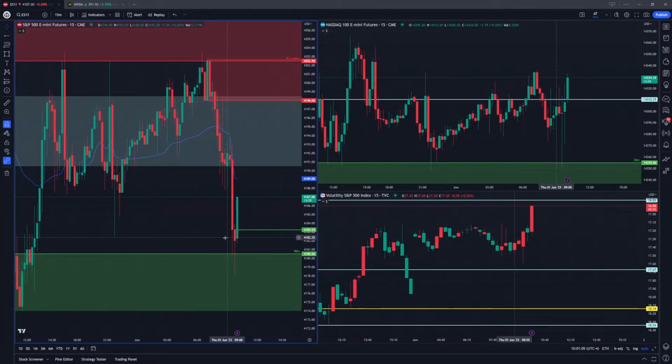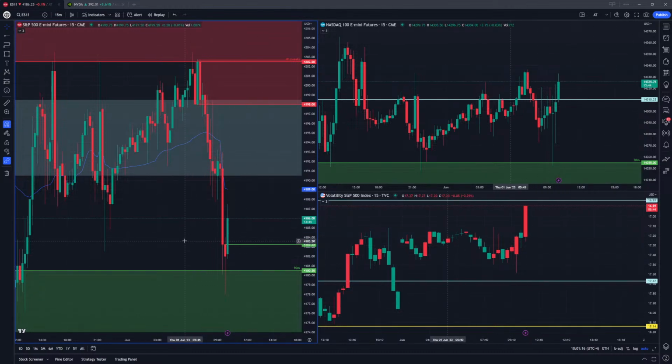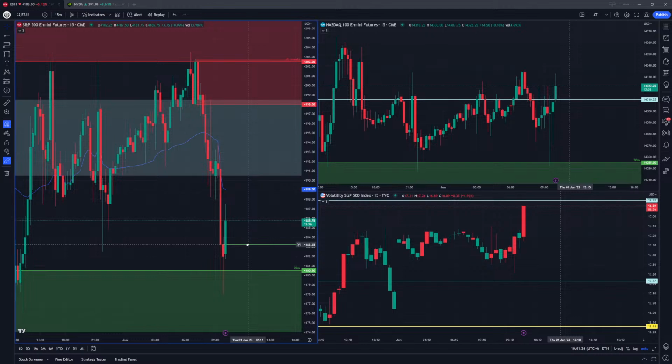Remember, supply and demand zones need that continuation. If we do get a 15-minute continuation, we're going to have a bit of a trend day today, which will be great. You could really be profitable off those trend days. But it's all about patience, especially if you're waiting on the higher time frame. You can't rush trades if you're looking at a higher time frame, because then you're just going to end up getting wicked in and wicked out.